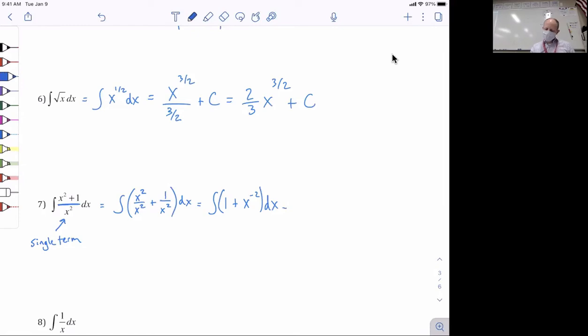Okay, so here we can use our power rule. So 1 will become x, as the derivative of x is 1. And then x to the -2 will become x to the -1 over -1. So we added 1 to the exponent, and we divided by that new exponent. And then we have a plus c.